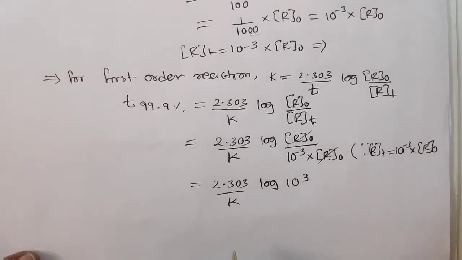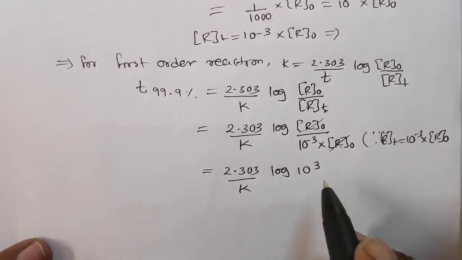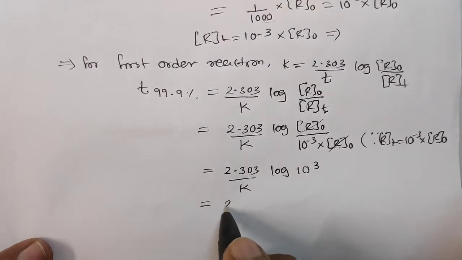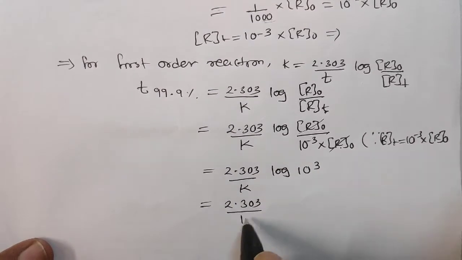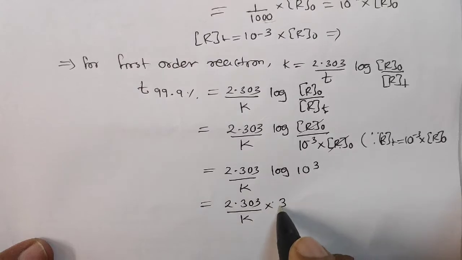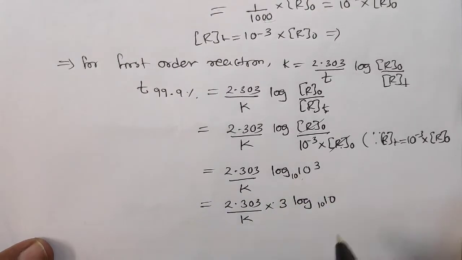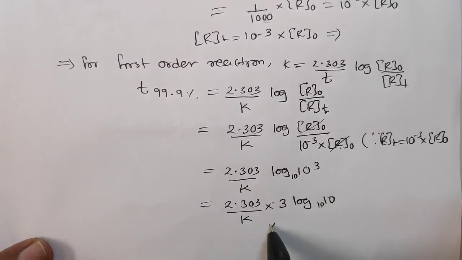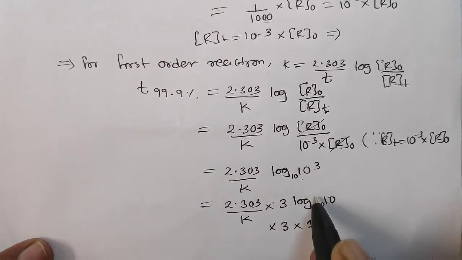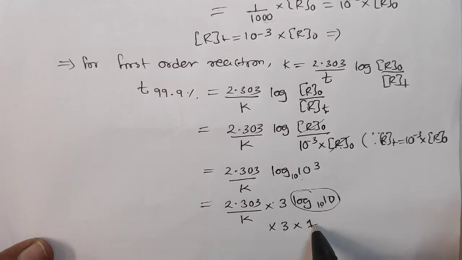Okay, now in log, there is one identity, if you have heard about it, the power comes down. So I can write 2.303 by k into 3 log 10 to the base 10, because this is log to the base 10. So 10 to the base 10 is 1. So it is 3 into 1. This whole part, log 10 to the base 10 is 1.